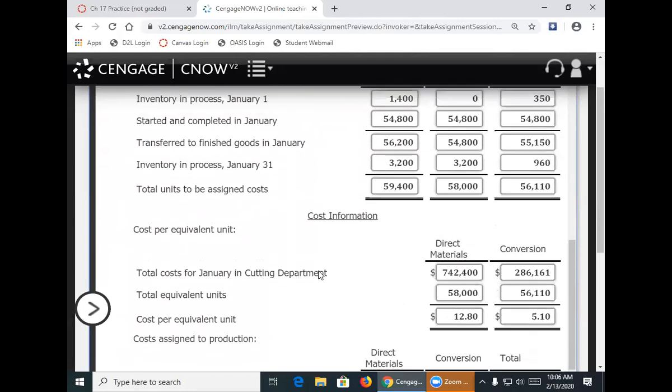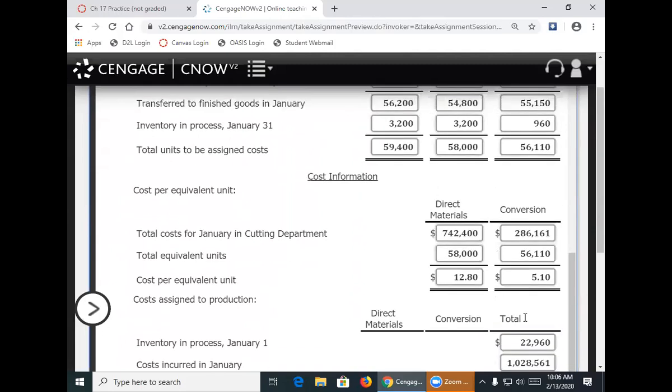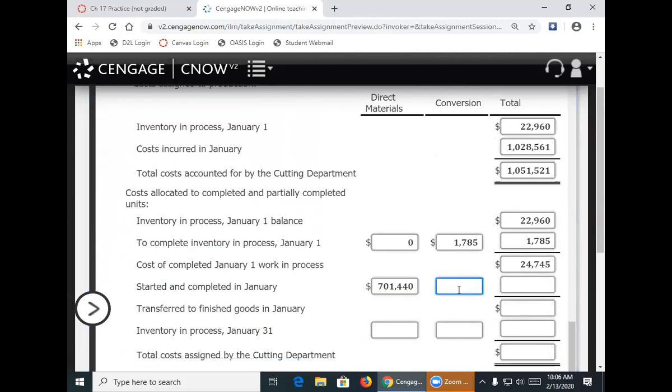For conversion, started and completed is also 54,800 equivalent units, but I'm multiplying it by the conversion cost of $5.10. 54,800 times $5.10 is $279,480. Then I just add that row. So my total cost of started and completed units should be $980,920.